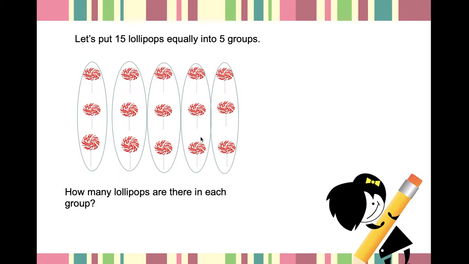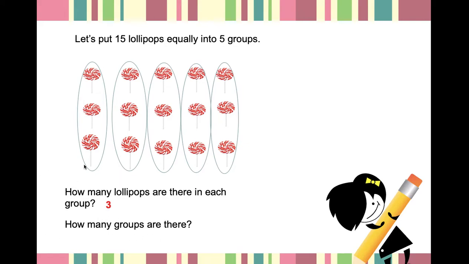So in each group we got 3 lollipops. How many lollipops are there in each group? We got 3. Now, pay attention to this. How many groups are there?